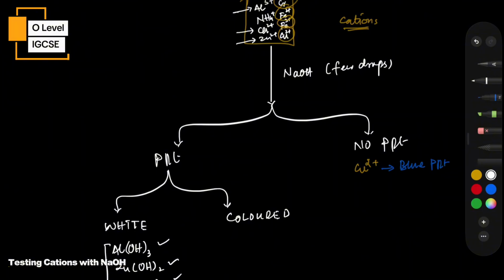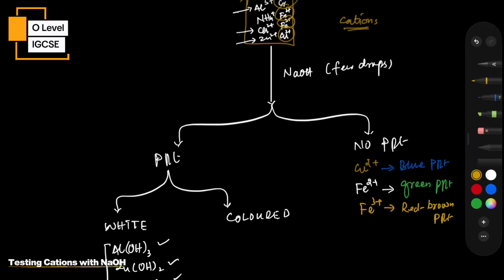In case of iron Fe2 positive ion, the color will be green, a green precipitate, or sometimes we call it a dirty green precipitate. In case of iron 3 positive ion, there is a reddish brown precipitate.